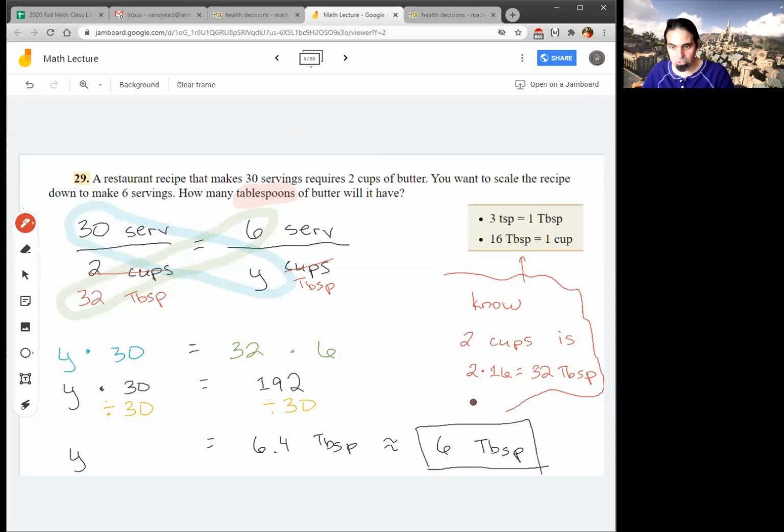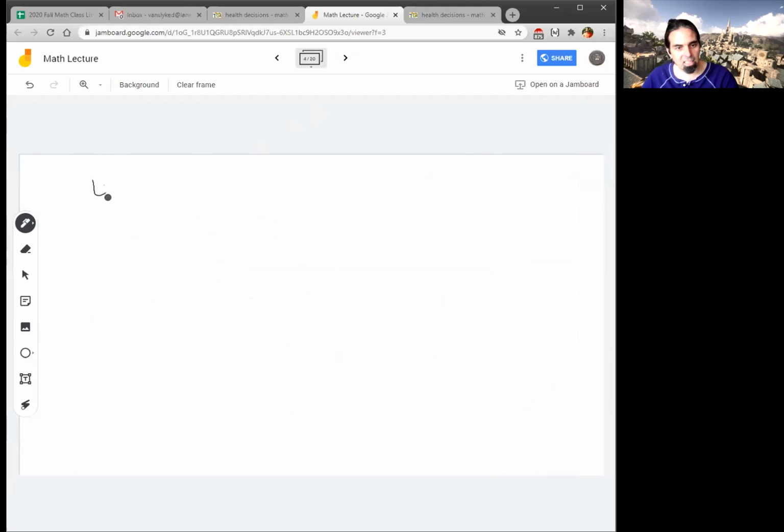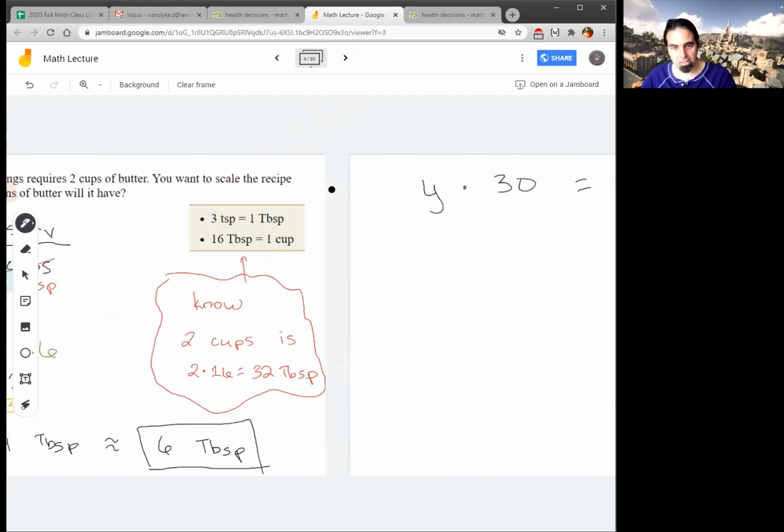Okay, questions on this one? A question I'm surprised no one has had. Let me go back to zoom in on this. At one point on that last slide, we had y times 30 is 192.